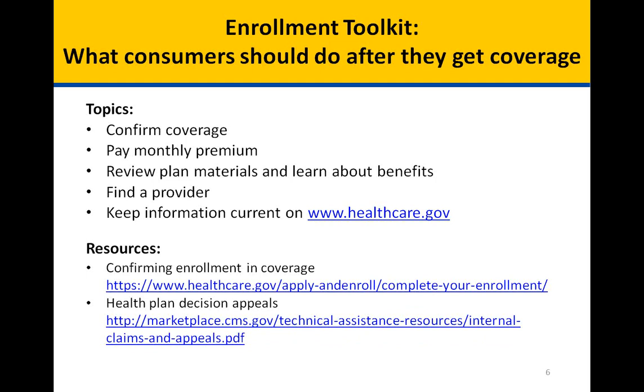If they don't already have one, finding a regular provider that they can begin to engage with, and because of the tax implications, keeping their information current via the healthcare.gov website or their state-based marketplace. Again, there's some additional resources to help consumers in understanding how to confirm their coverage, or if they've been denied, how to appeal their determination.